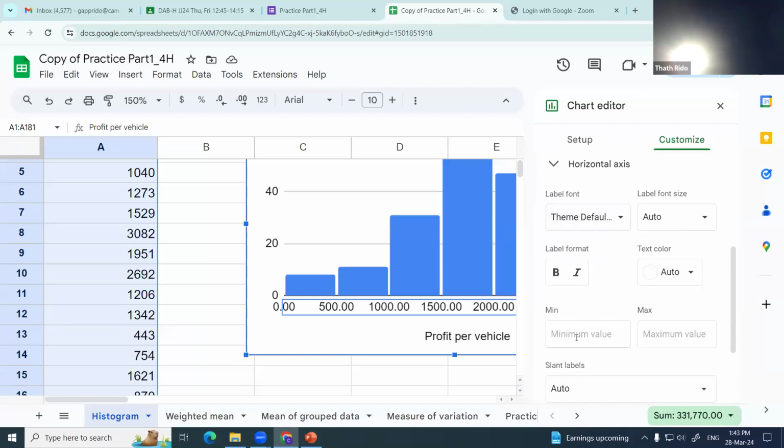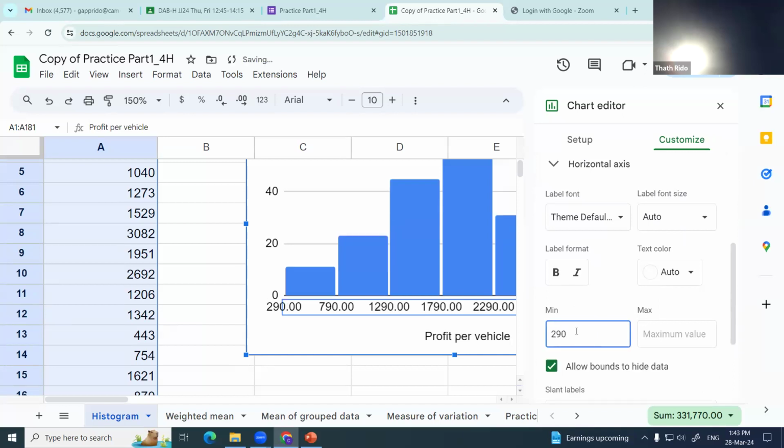You can see minimum and maximum here, which is where we can customize the value. The minimum in our lecture note is 290, which is the starting value of our grouped frequency distribution.